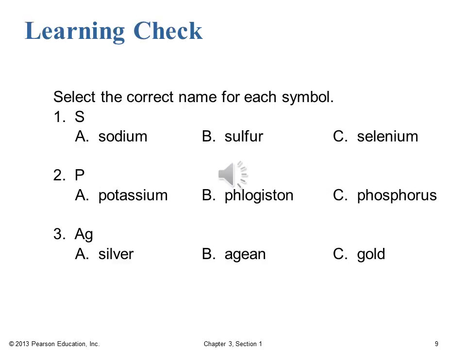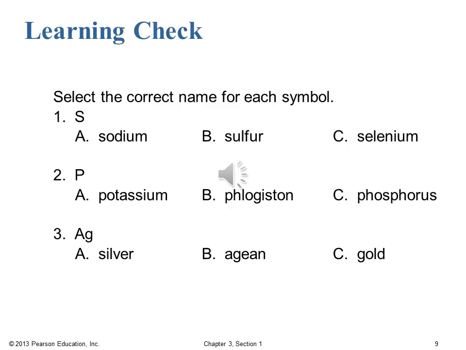Let's try again. We'll end this subtopic with one final learning check. And again, same deal. We've got now element symbols instead of the names, and you're going to pick the name based on the symbol. So the reverse of what we just did in our previous learning check. So for number 1, the element symbol capital S, does that correspond to A, sodium, B, sulfur, or C, selenium?